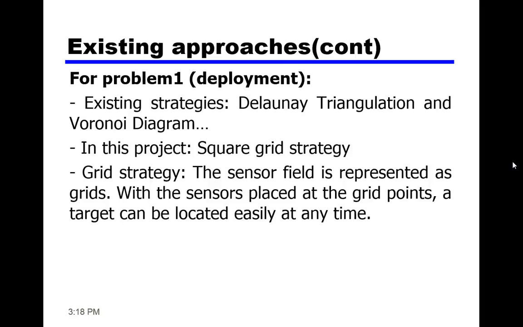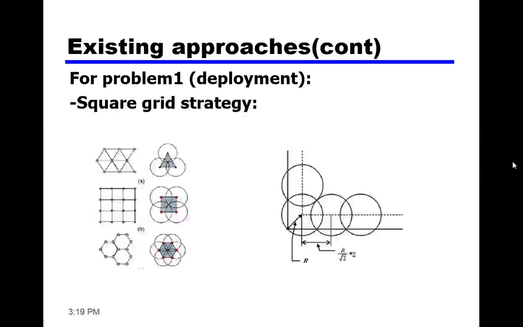Targets can be located easily at any time. From the left figure, we can see there are several types of grid strategy, like triangles, squares, and hexagons. And as listed in the assumptions before, the whole monitoring area is a square. Thus, I use a square grid strategy for better performance.